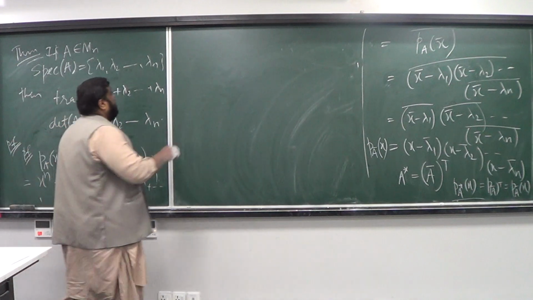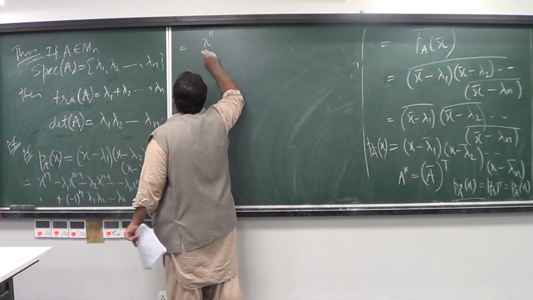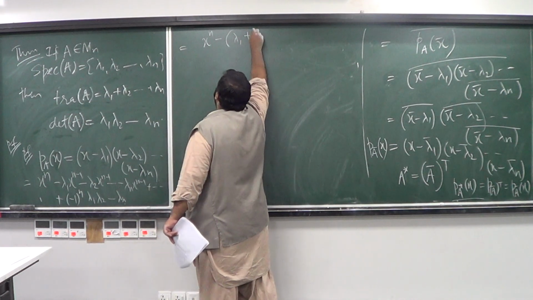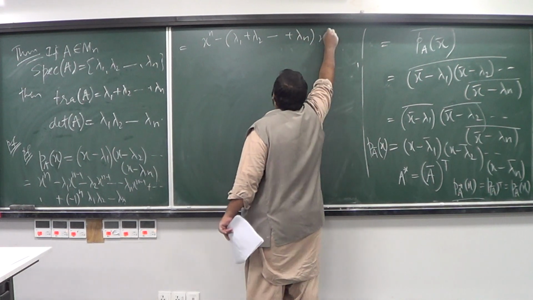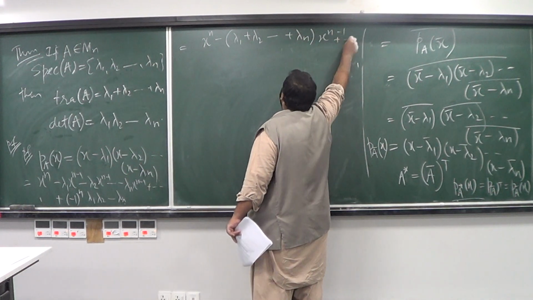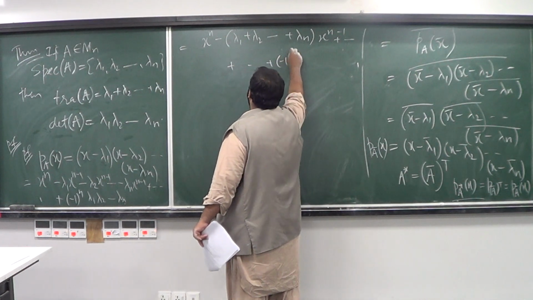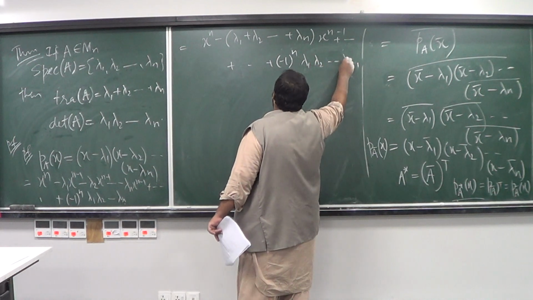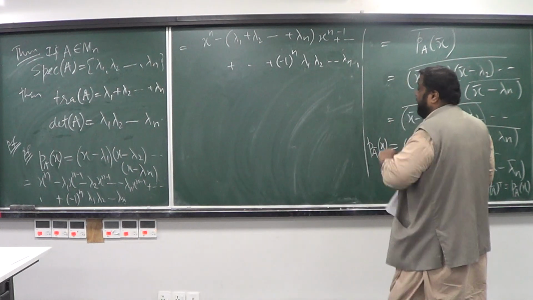So I can rewrite this as x power n minus (lambda 1 plus lambda 2 plus up to lambda n) x power n minus 1 plus so on and so forth. There are other terms, but the last term is going to be minus 1 power n, lambda 1, lambda 2, up to lambda n. That's how this expansion is going to look.